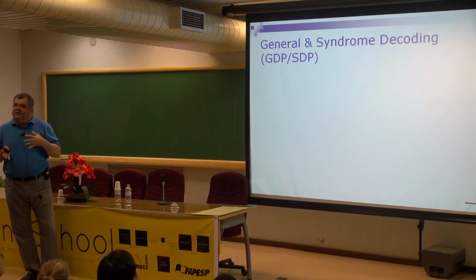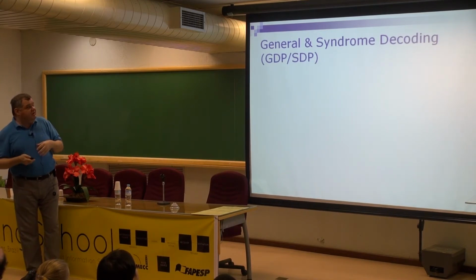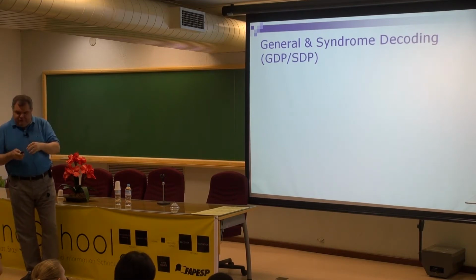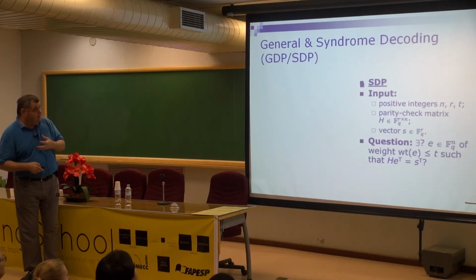There are two very interesting computational problems regarding codes. Classical problems, which are the general and the syndrome decoding problems. There are actually two ways of defining the same hard problem we have to solve, according to how we specify the underlying code.